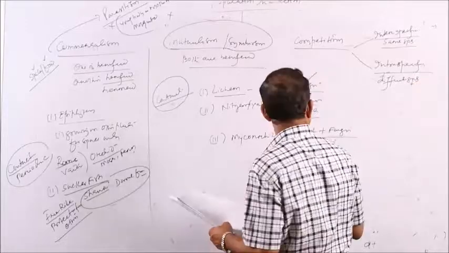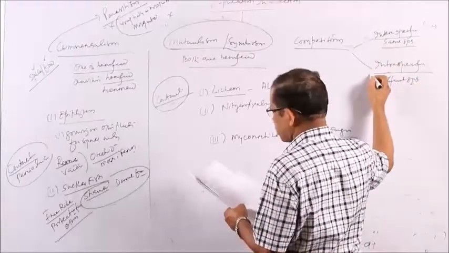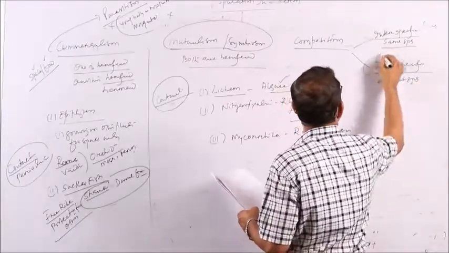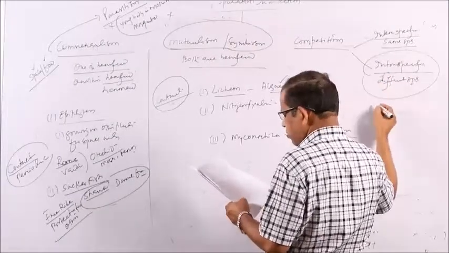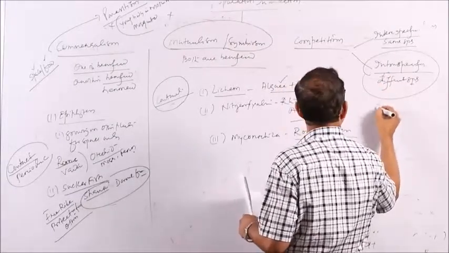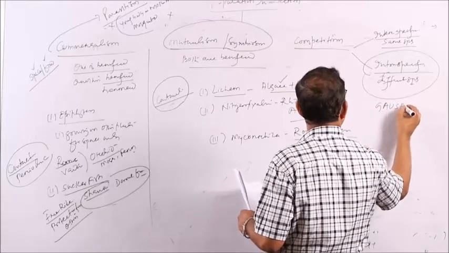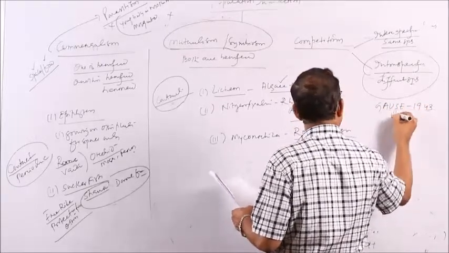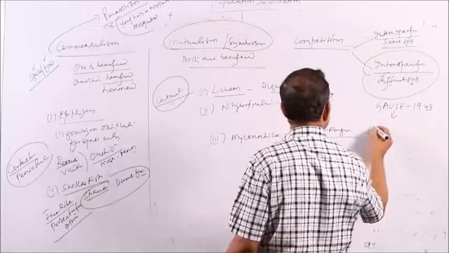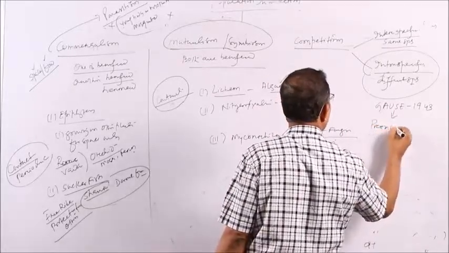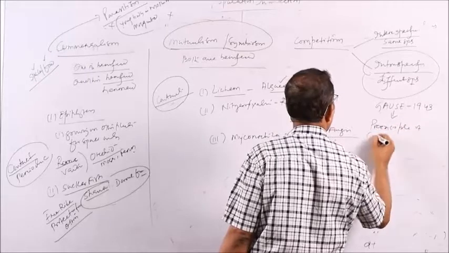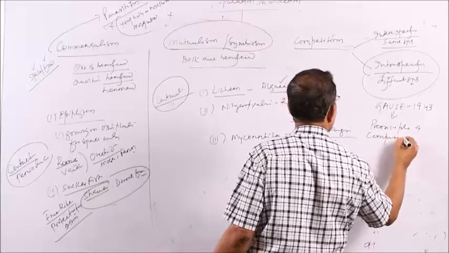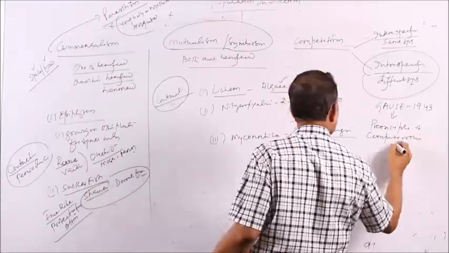Interspecific is a very important one, because for this, one of the great scientists, Gause, in 1934 formulated one principle called the principle of competitive exclusion.